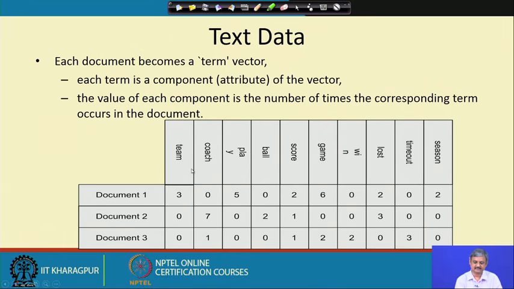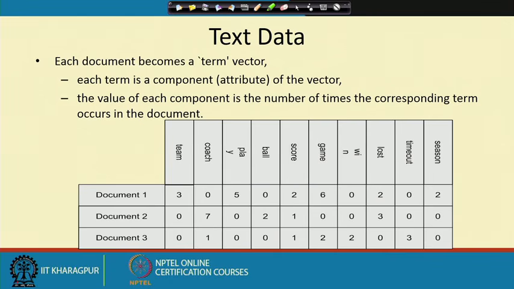For example, the word team appears 3 times, the word coach does not appear, the word play appears 5 times, and so on. So, you can see your news article as a bag of words, a collection of words, which is equivalent to a vector which contains the count of the number of times each dictionary word appears in this document.